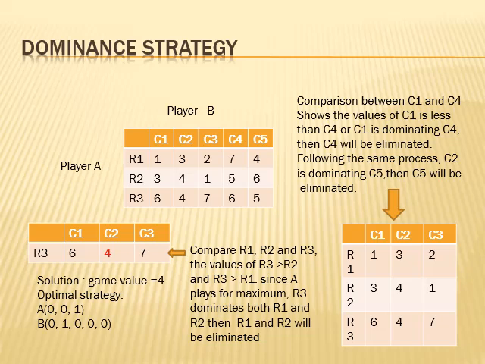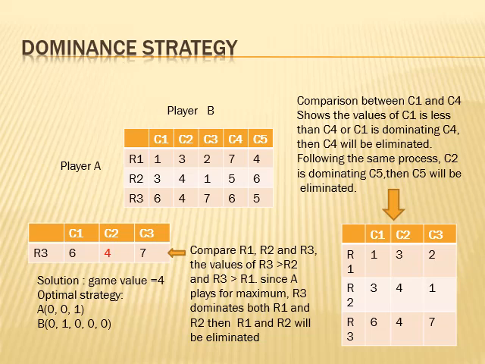Because player B has three strategies, C1 and C2 and C3, while player A has one strategy, and player B all the time plays for minimum, not maximum. That's why we choose 4, because it's the minimum value.